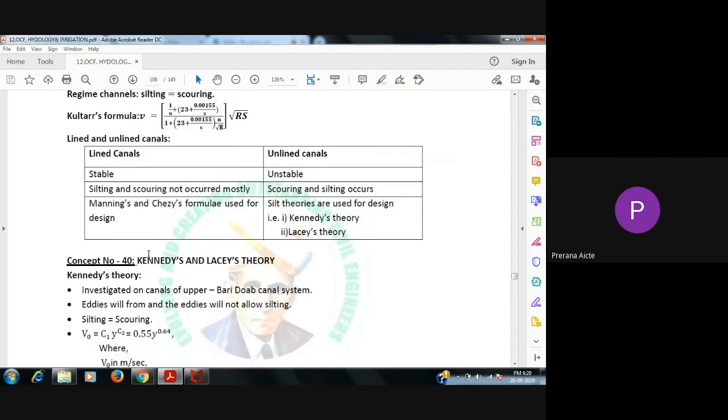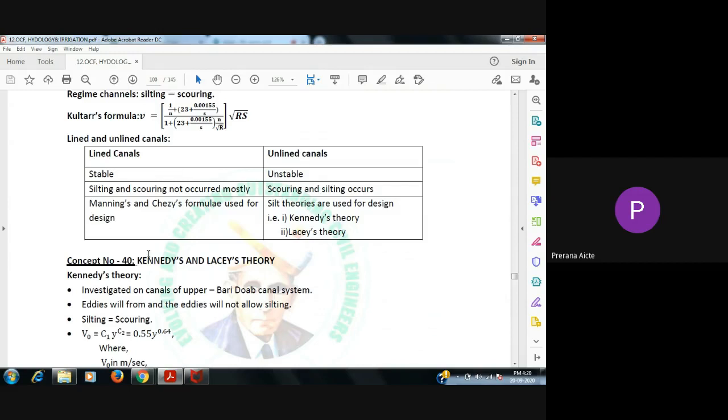Then lined and unlined canals. Lined canals are stable because lining is completed. Bed and side slopes are protected with some impervious material like concrete, bricks, etc. So it is a stable one. In the case of unlined canals, the sides are not protected because it is an earthen canal. If a flood comes, there may be a chance of damage to the canals.